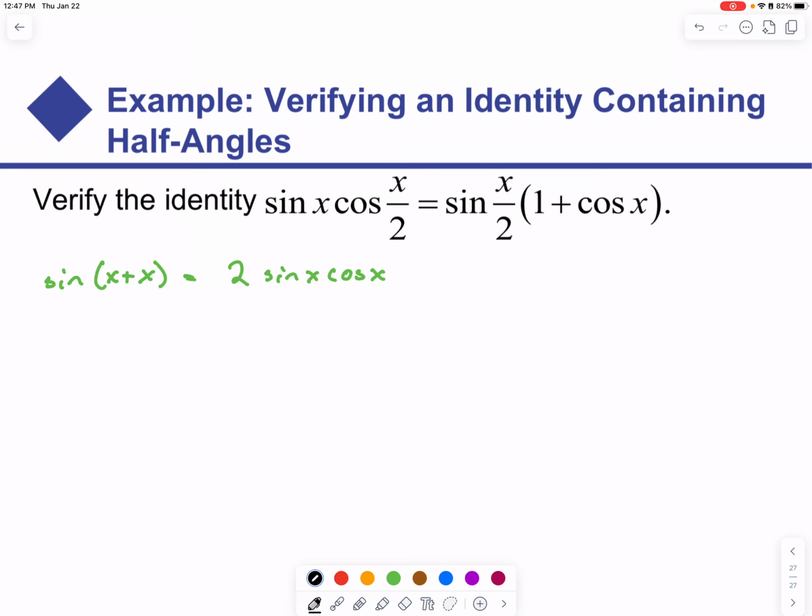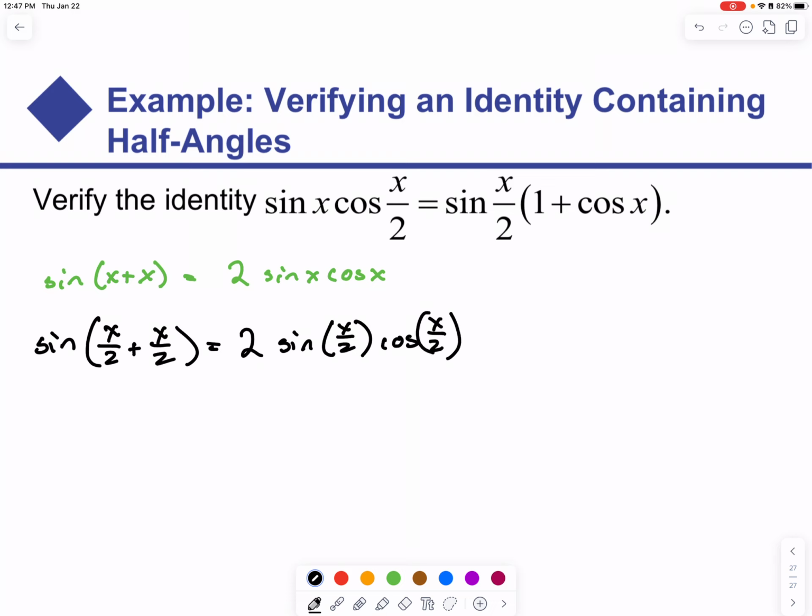So if we replace x with x over 2, we'll have what? Sine of x over 2 plus x over 2 should equal 2 times the sine of x over 2 times the cosine of x over 2. Half angle formulas. So we probably need to apply the half angle formulas.